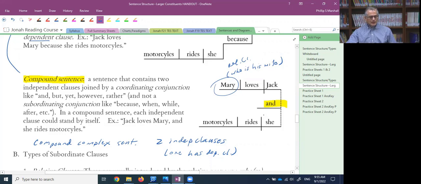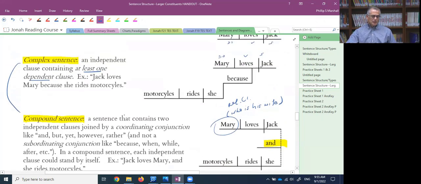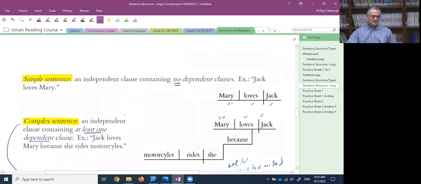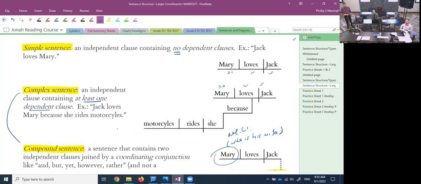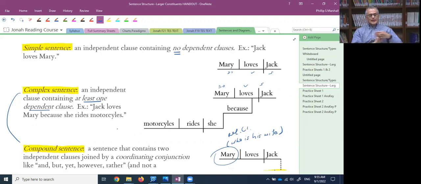So based on my use of the word sentence here and these terms, what can you say about the relationship between sentences and clauses? A clause can be a sentence, but a sentence isn't always just a clause. Right. Yeah.